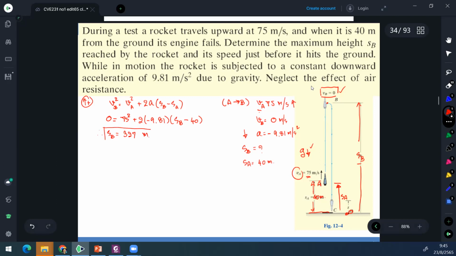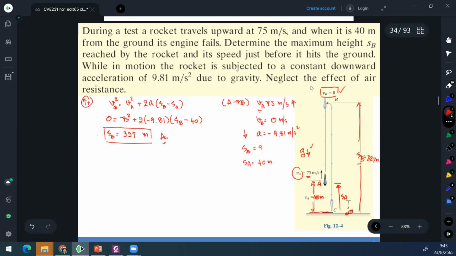This is the first answer. Now we have SB already, SB equal to 327 meters.